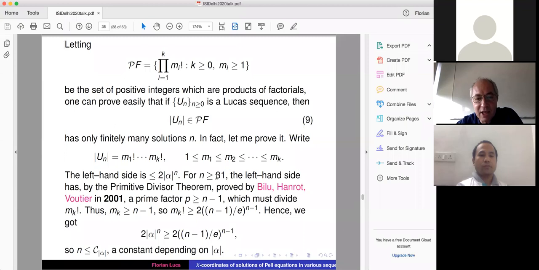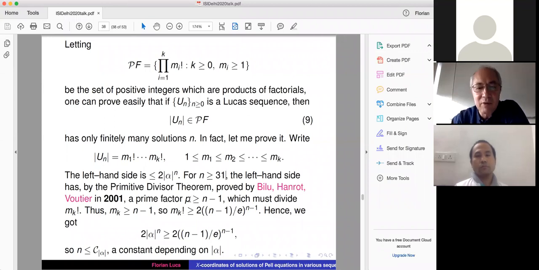Now, there is a fascinating theorem by Bilu, Hanrot, and Voutier, which is crowning some theorems that started with Birkhoff and Vandiver and Zsigmondy and Carmichael at the end of the 19th century and early 20th century, where they proved that if n is sufficiently large in an absolute way, in this case 31, there is a prime factor that divides the left-hand side, which has the property that it's called primitive.